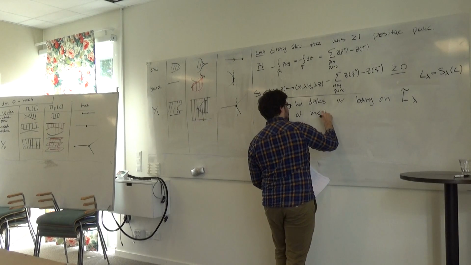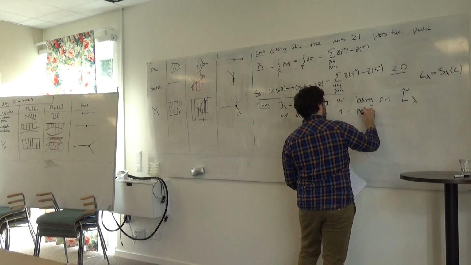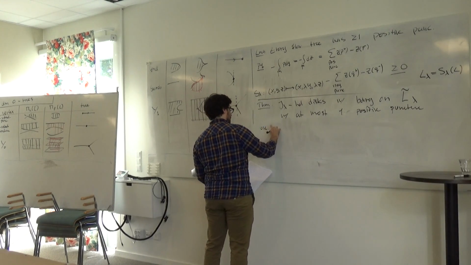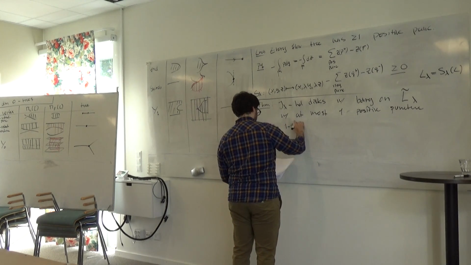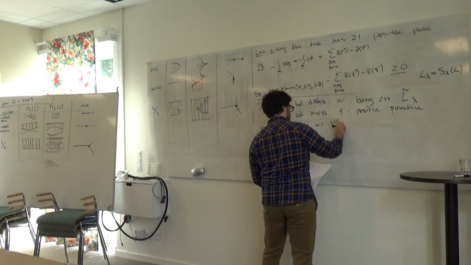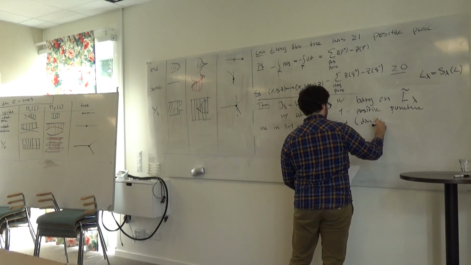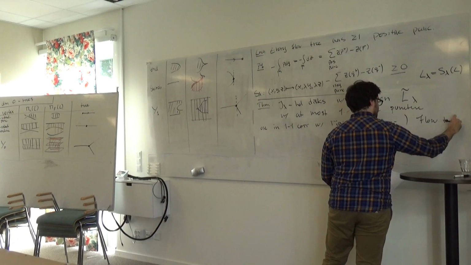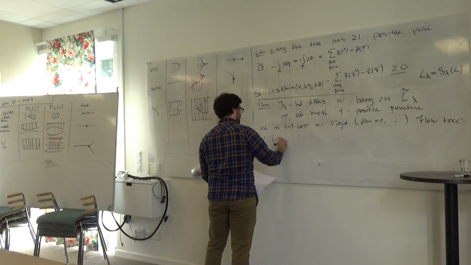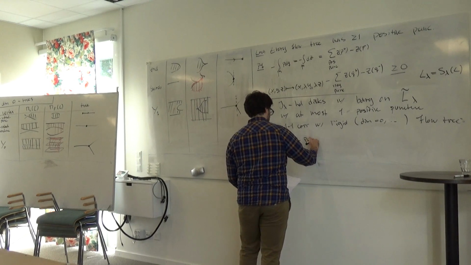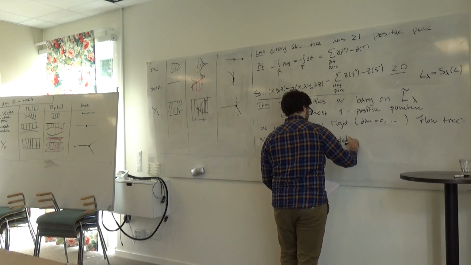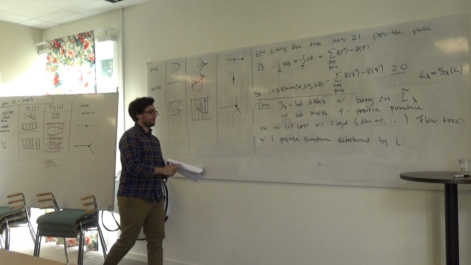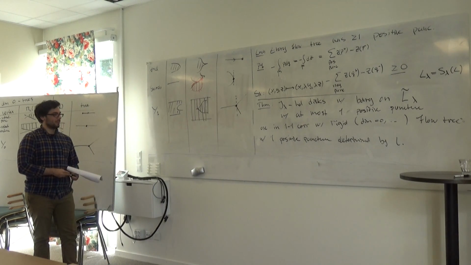J-holomorphic disks with boundary on L lambda with at most one positive puncture are in one-to-one correspondence with rigid flow trees, meaning dimension 0 plus transversality conditions, with one positive puncture, determined by L. We'll hopefully see some examples tomorrow when we talk about contact homology.